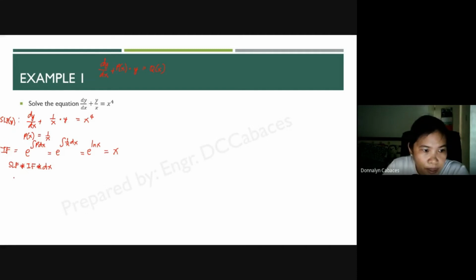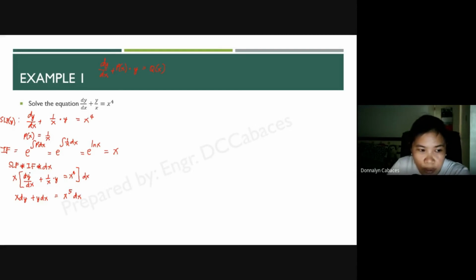So you have x times our SLF, derivative of y with respect to x plus 1 over x times y is equal to x to the fourth, and we multiply also with dx. So simplifying, you have x dy plus y dx is equal to x to the fifth dx.